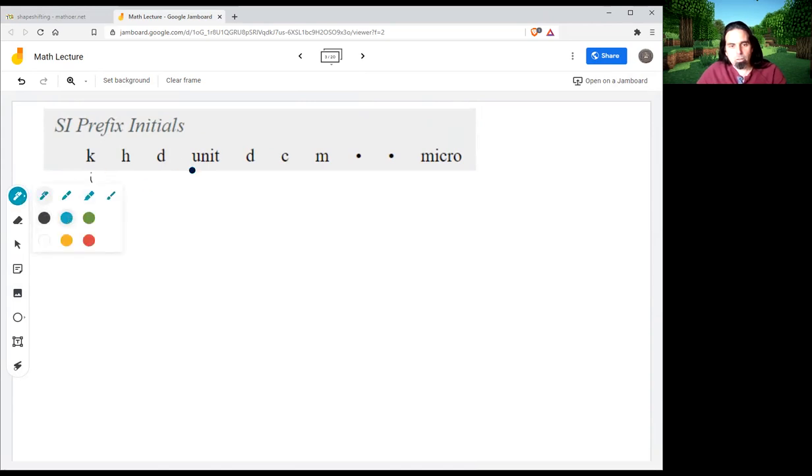The unit, this is where we have either meters or liters or grams. The deci we don't care about too much. The centi is 100th. The milli is 1,000th. And then micro is the millionth.